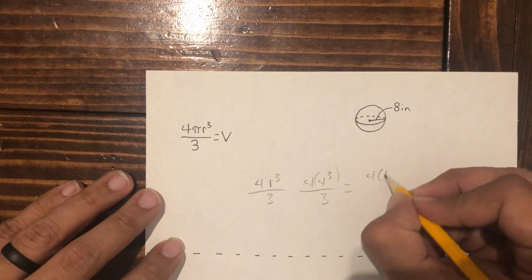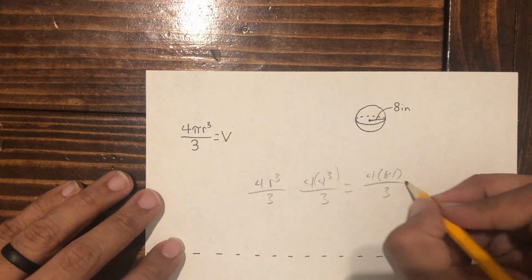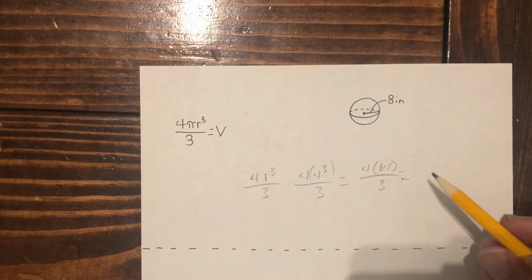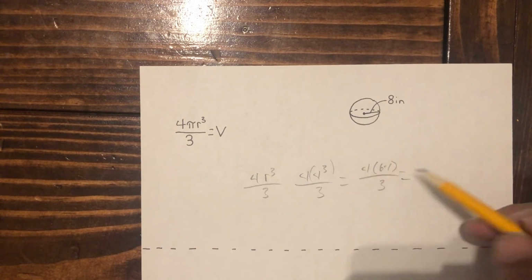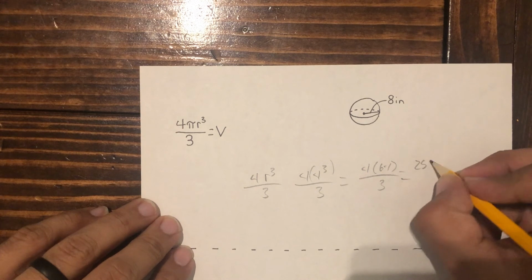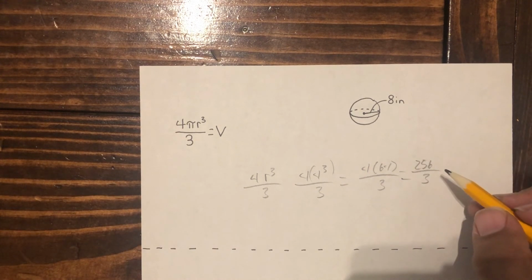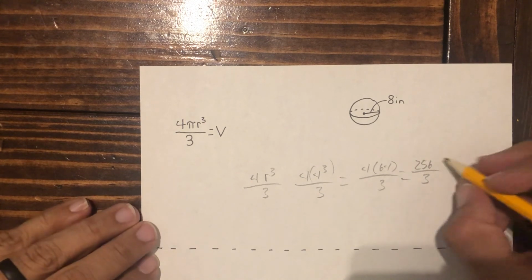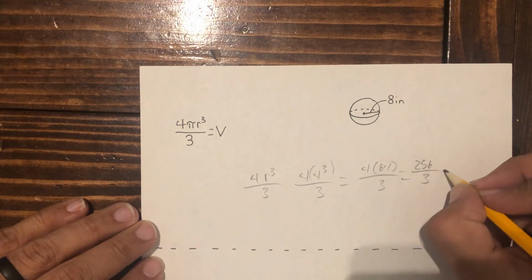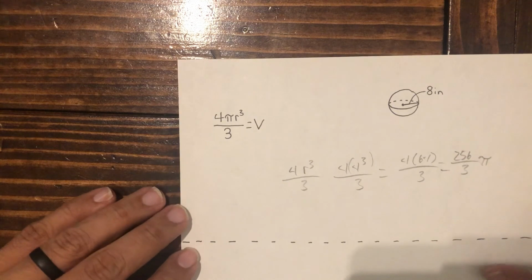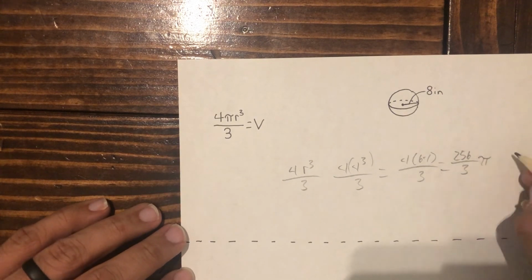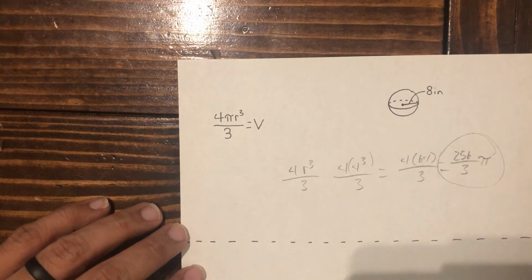So 4 times 64 divided by 3. So 4 times 64 is going to be 256. So 256 divided by 3. And then we'll leave that like that for now because it's 256 divided by 3 pi. Okay? And then tell me what the final result for that one is.